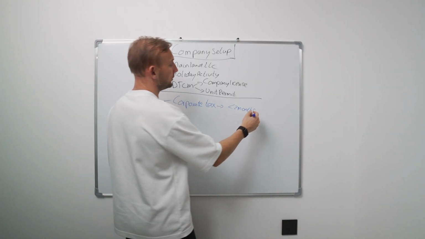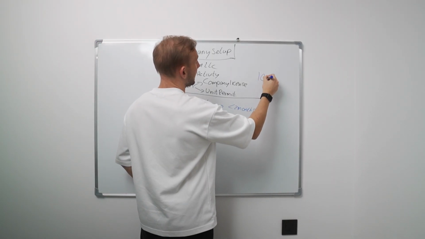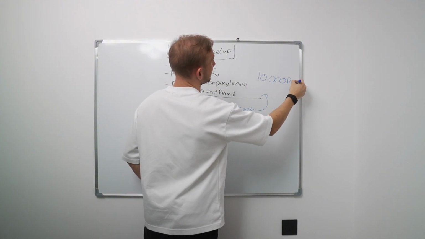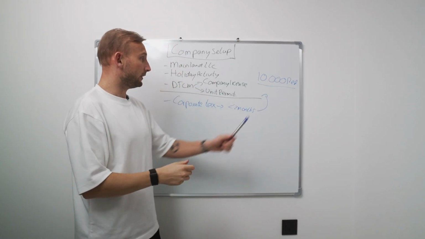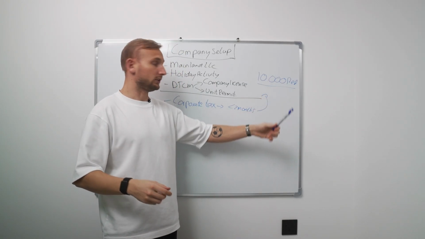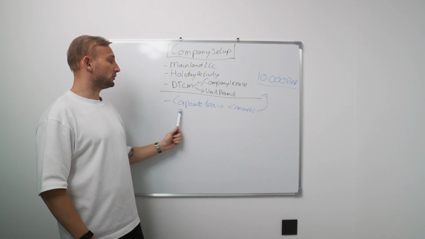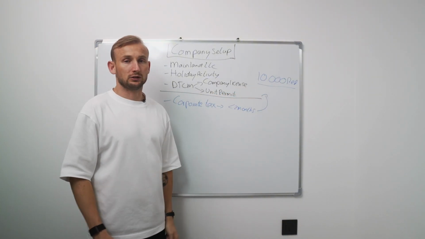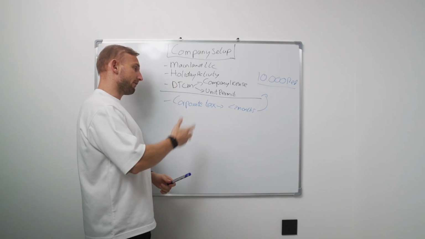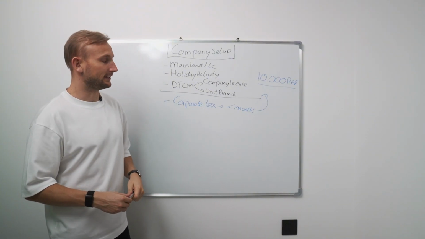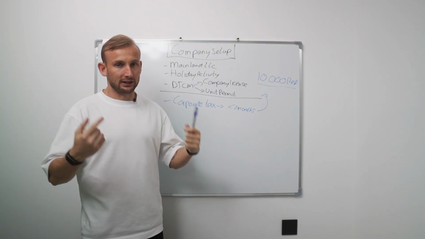The reason is that otherwise you end up with a fine of 10,000 AED. And you have to make sure that you avoid this no matter what, because this is just wasting money. So instead of wasting your money, just make sure that you apply for this corporate tax within the 2 months.